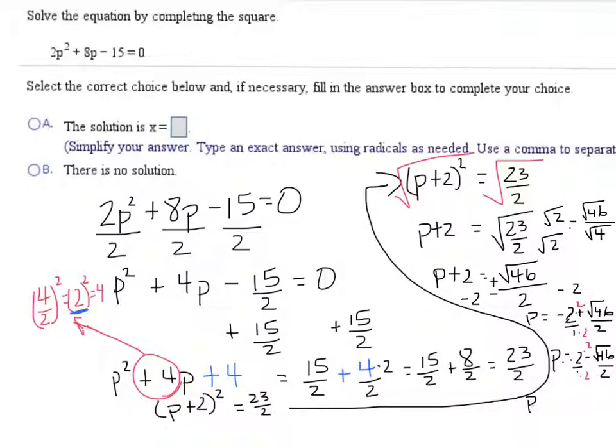That will give us p is equal to negative 2 times 2, so that's negative 4, plus square root of 46, all over 2. And the other one would look like p is equal to negative 4 minus square root of 46 over 2. And you'll use a comma between those. So this one was a little messy, but that's how it works.